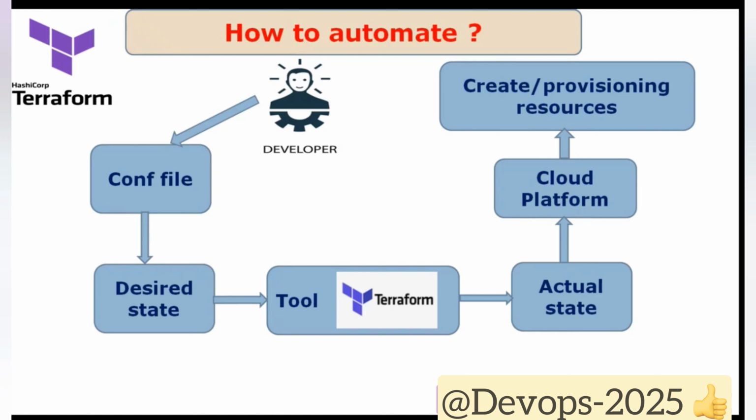But if we have this configuration file in GitHub or any source code management tool, I can clearly tell what was modified, what the modification was, who modified it, when it was modified, and why.